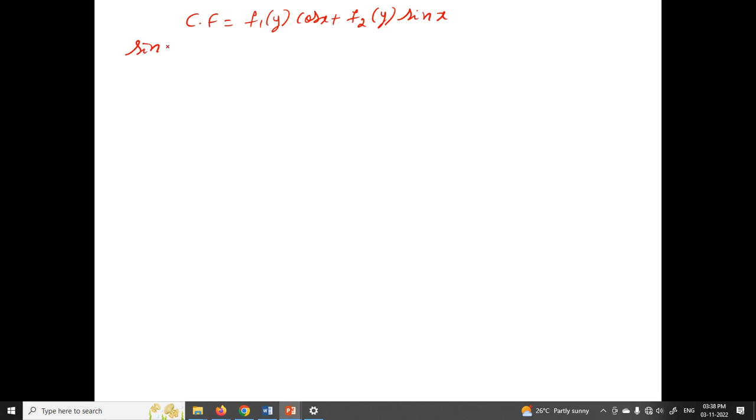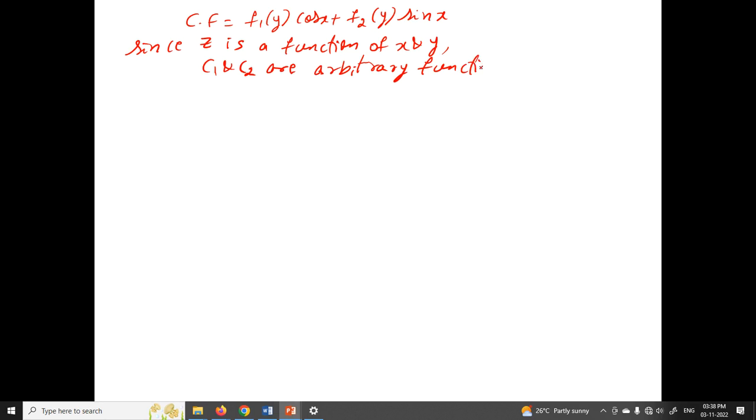Because students, please remember, since z is a function of x and y, I have taken these functions f1 and f2. c1 and c2 are arbitrary functions of y. So therefore I have simplified that z.